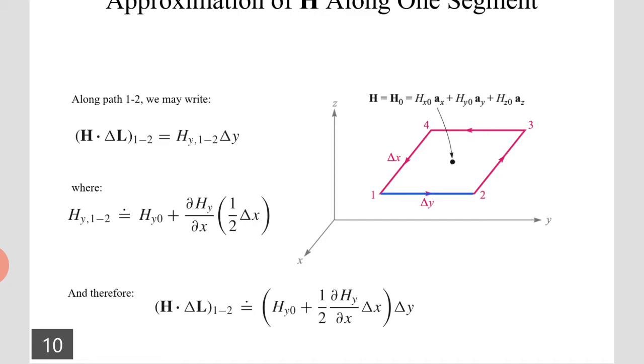So along this path you get the Hy0 component and the partial differentiation of the y component with respect to x, times half of delta x. Therefore H dot delta L along the path 1 2 is equal to [Hy0 plus half of partial Hy by partial x into delta x] into delta y. So this is the total H along one segment, that is path 1 2. So this is the equation.